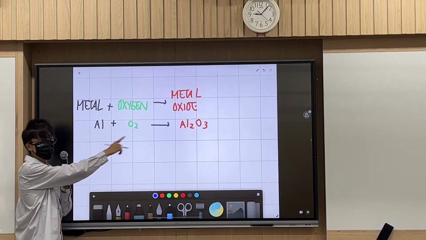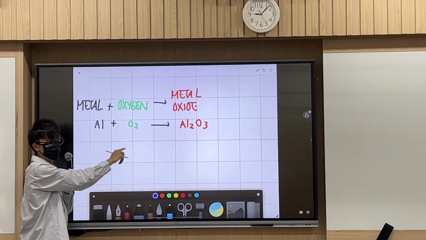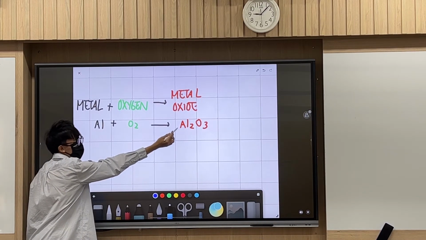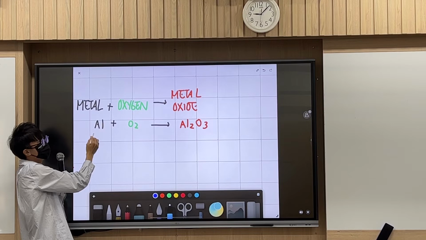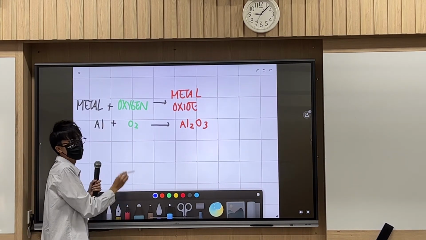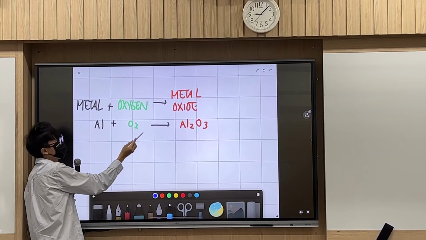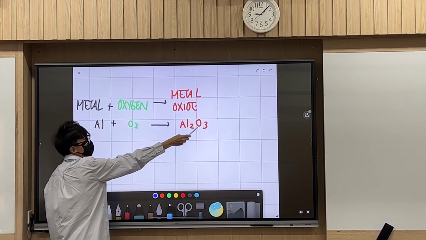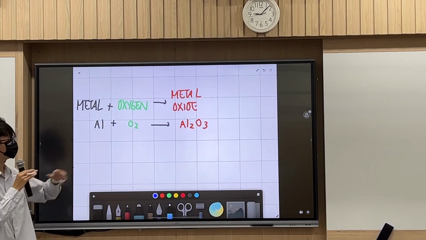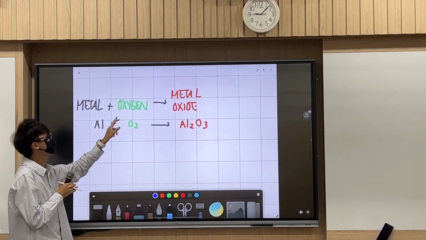How can we fix the balancing of the equation here? We can put 2 in front of... well, if you put 2 in here, you will run into a problem. The number of O will still not match. So therefore, we try to turn 2 and 3 into the LCM. What is the LCM of 2 and 3? 6. How do you turn 2 into 6? Multiplying by 3.